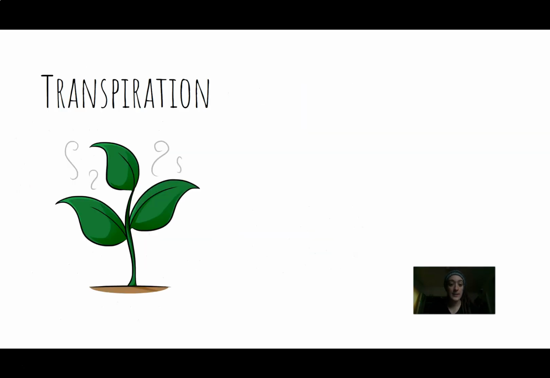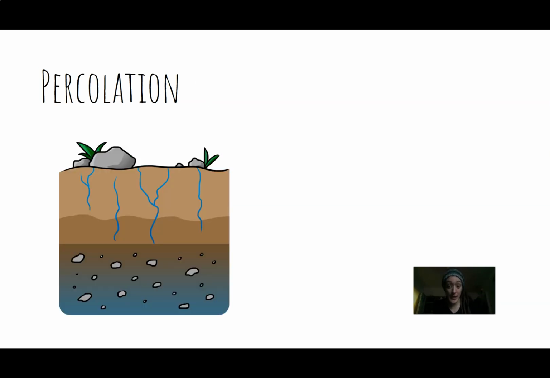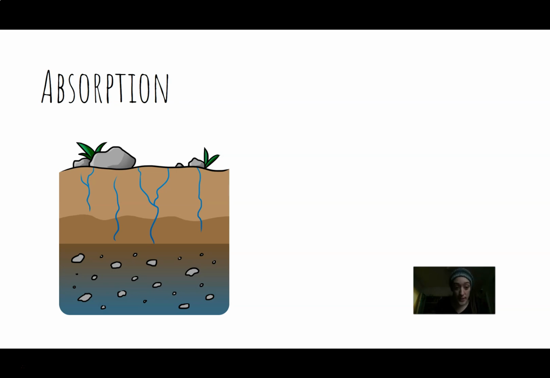Sweet. And then some other stages of the water cycle we talked about were transpiration. Remember, that's when water vapor is released from plants. Percolation, which is when water sinks into the ground, gets absorbed by the soil. Sometimes we call it absorption or infiltration.